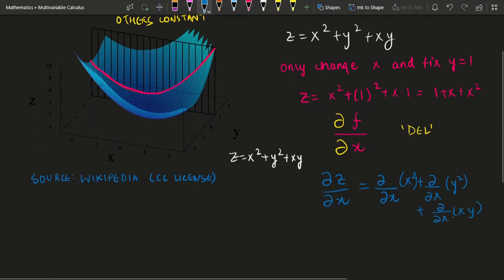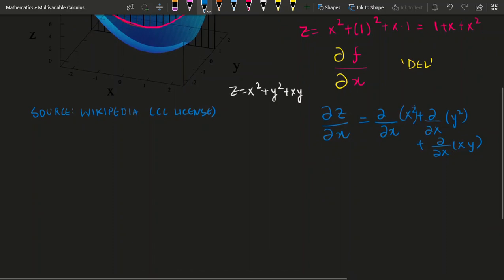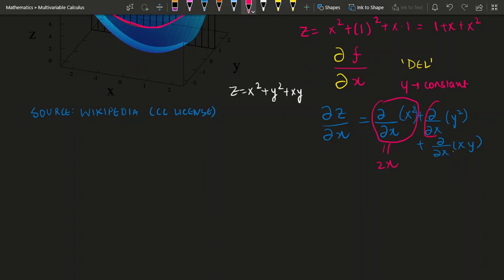Now, in this expression, x squared can be differentiated to give 2x. That's straightforward. However, for y squared, since we have assumed y to be a constant, there is no change in this expression, so it goes straight away to 0.